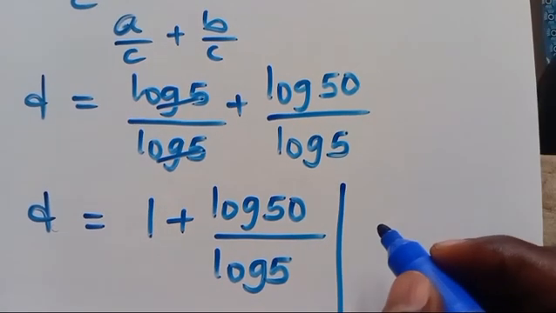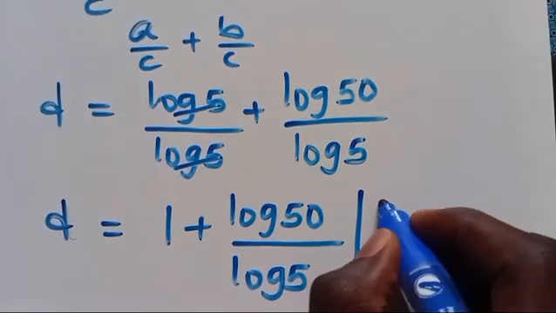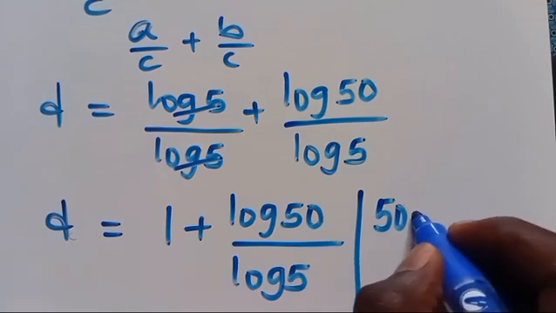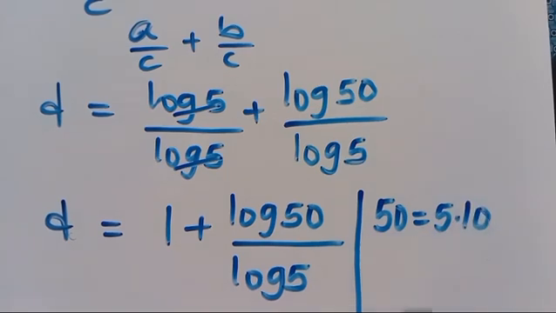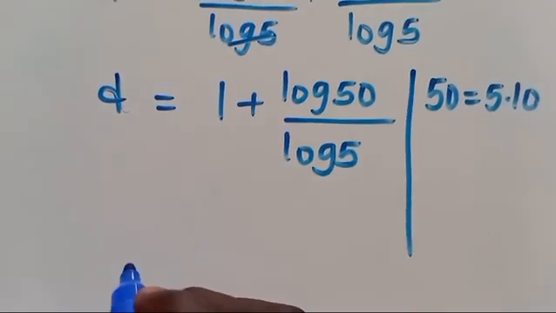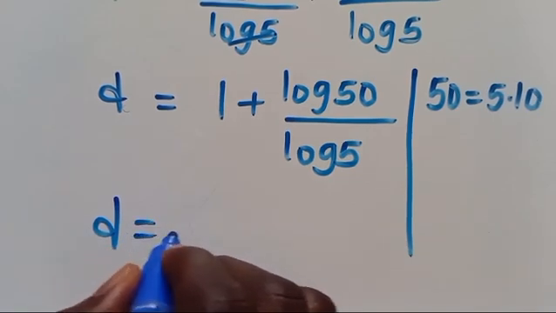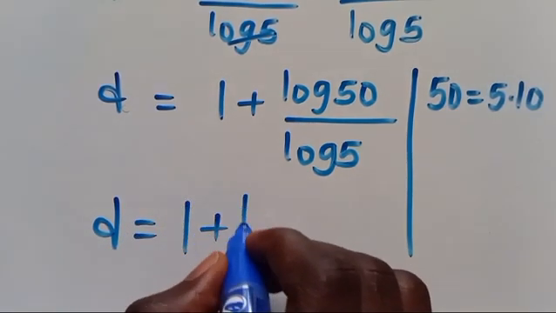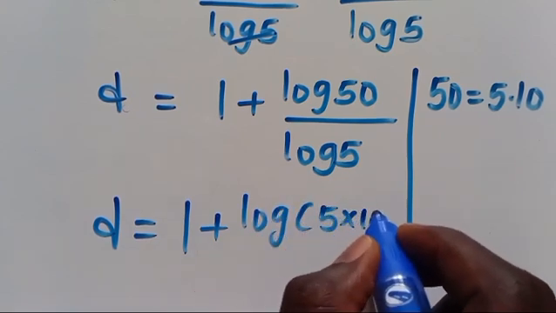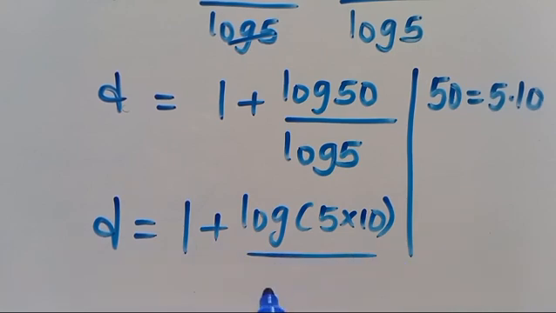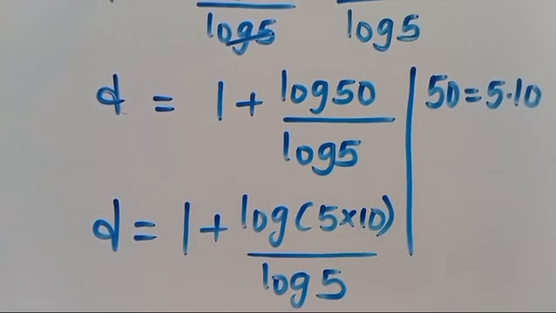But mind you, we can have 50 again to be equal to 5 times 10. So from here, d equals 1 plus log of 5 times 10 divided by log 5.